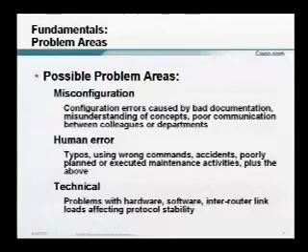Now, where can you actually have problems within BGP? Well, as with anywhere else, misconfiguration. Now, this misconfiguration could be caused by bad documentation, misunderstanding concepts, poor communication between colleagues or departments. I mean, that's all typical stuff. Human error, typos.